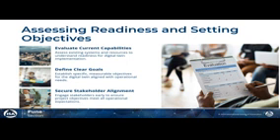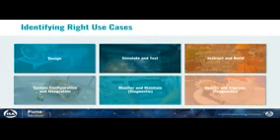So let's get into a little detail about identifying the right use cases. There are different elements I am sharing here, and different levels of digital twins as well, and different use cases within those areas.